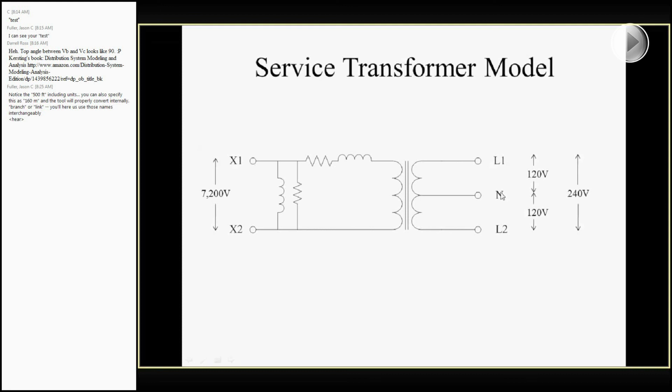So your N is still your neutral, but the way it's basically wound on the system, instead of just getting a single step down, you're stepping down your voltage and then also splitting it into two different components. And that's where you get the 120 L1, the 120 L2, and then across the two legs, you'll get your 240 volts, which is the common distribution voltage inside the United States.